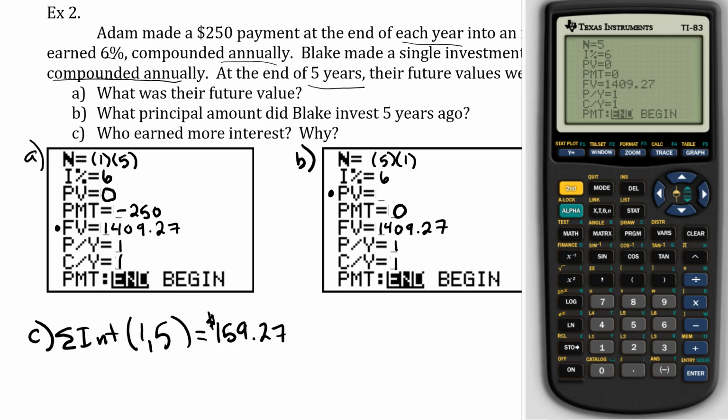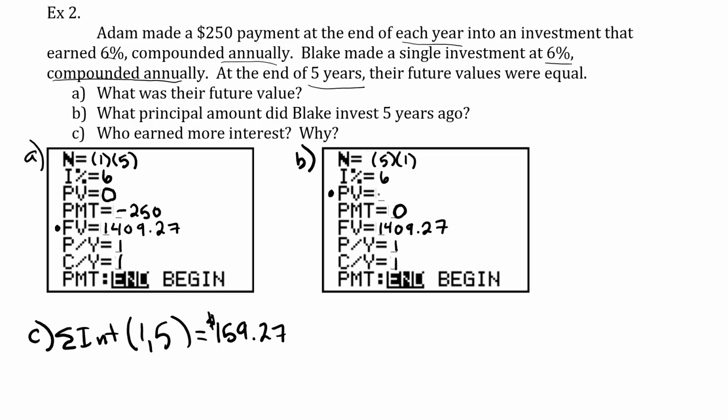Payments per year and compounding periods per year, we're going to stick at 1. We're going to scroll up to present value, alpha, enter, and we get an amount here of negative 1,053.09. Now remember, it's negative because he had to invest it initially, which means that the money goes away for a time and it comes back.